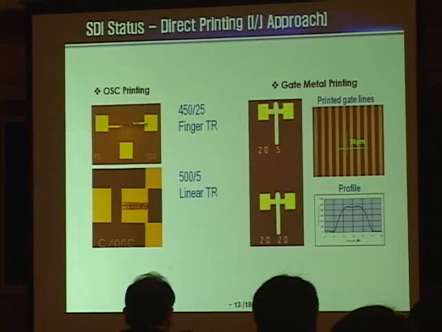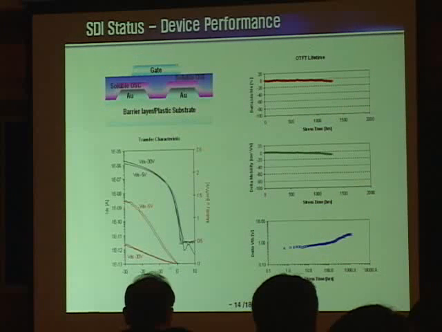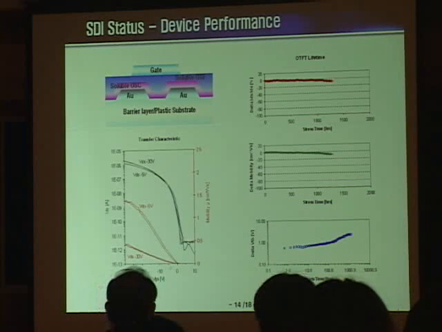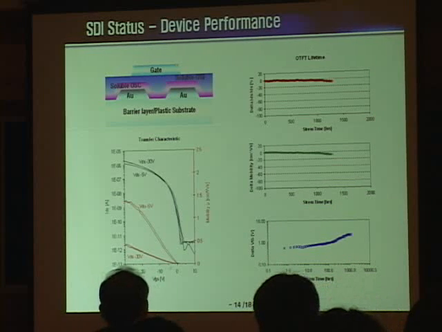Nowadays, we are achieving 30 microns. Next slide, please. From this device structure, we obtained a mobility of about 1.3, and the stability was also very good, except for VTH variation. For this reason, we are mainly focusing on interface control and changing the fabrication materials.